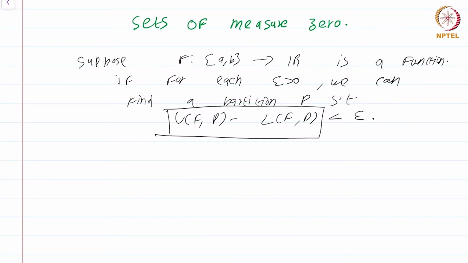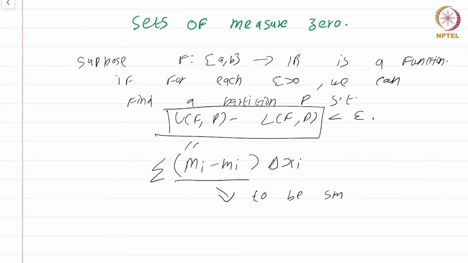In other words, if you rewrite this as the sum of capital Mi minus small mi times delta xi, we want this quantity to be small. If this quantity is always large, then it doesn't seem like it would be possible to make this entire summation small.